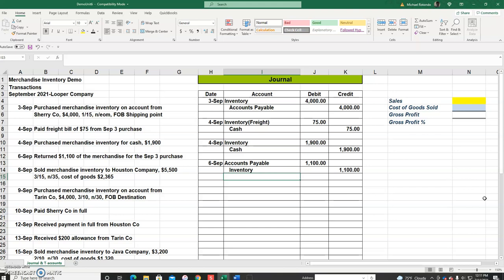Now, when it comes to sales, it depends on whether the company is publicly held or not. In a publicly held corporation, any sales discount has to be taken up front. Your textbook does not reflect this, because I think it's focusing on a sole proprietorship, which would not have to do that.